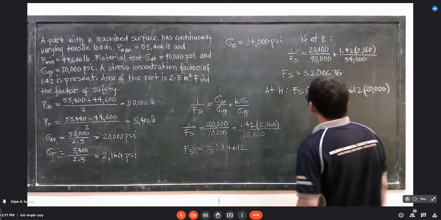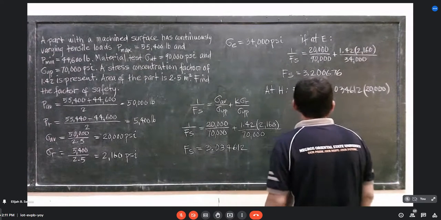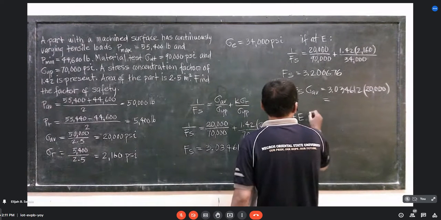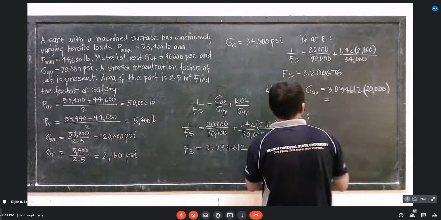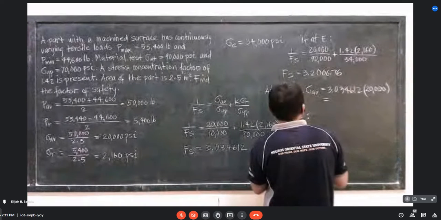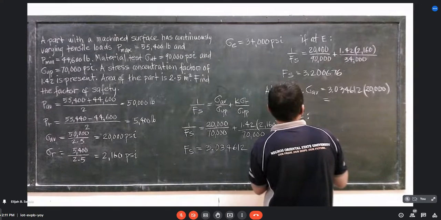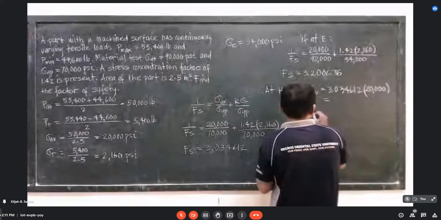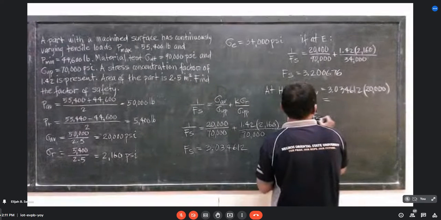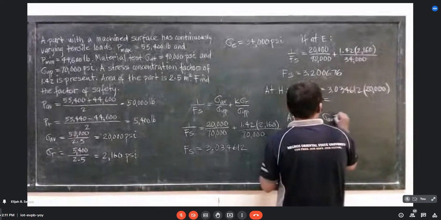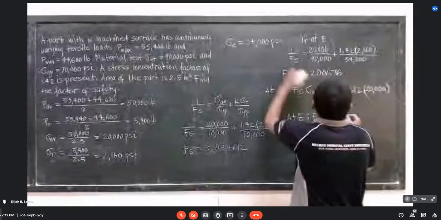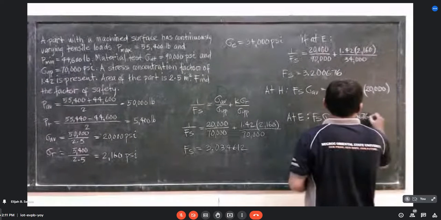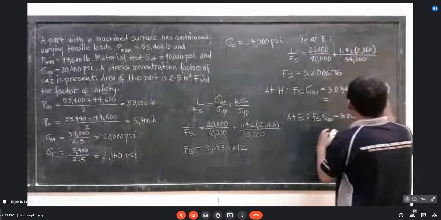Okay. Then, when it is at E, the factor of safety average is 3.200676 times the average, which is still 20,000.